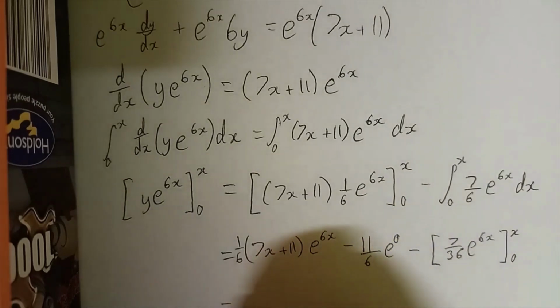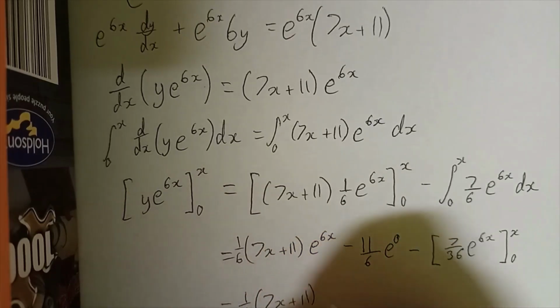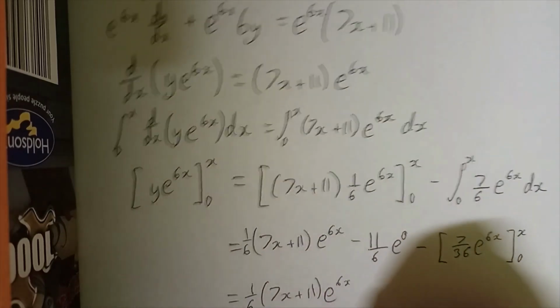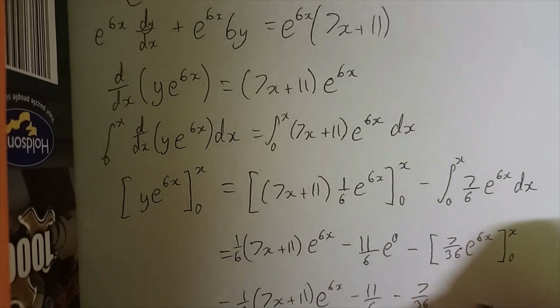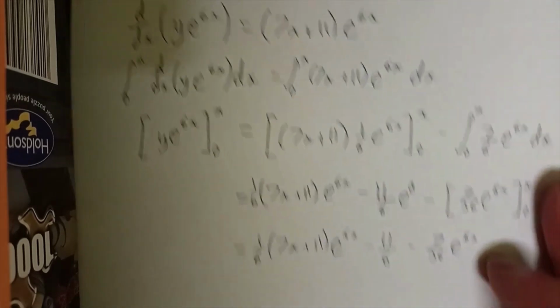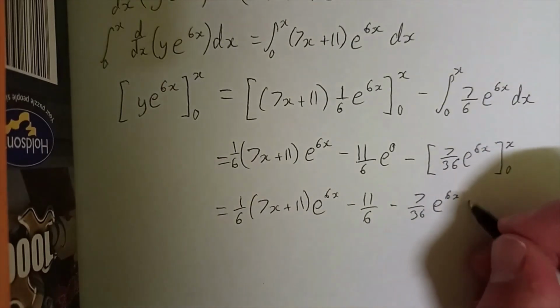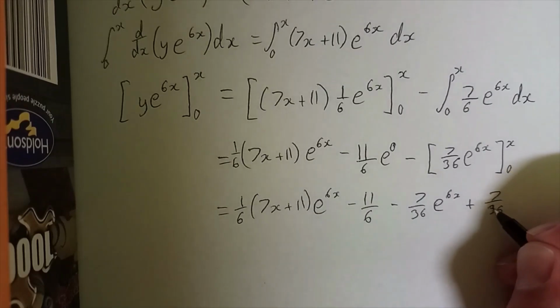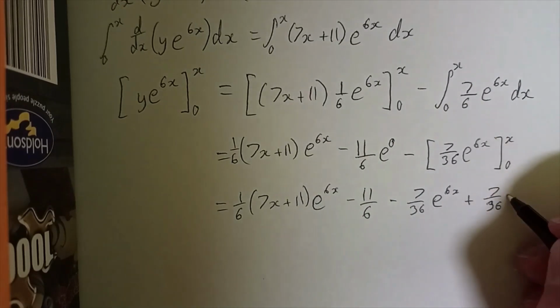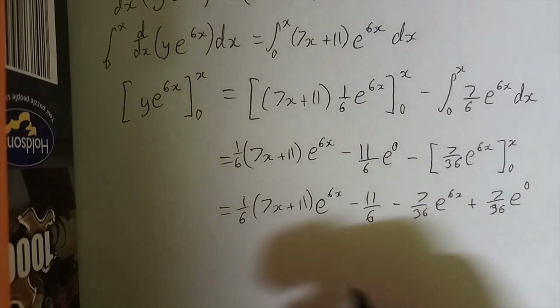And this will come to 1 over 6, 7x plus 11 e to the 6x minus 11 over 6 minus 7 over 36 e to the 6x plus 7 over 36 e to the 0.